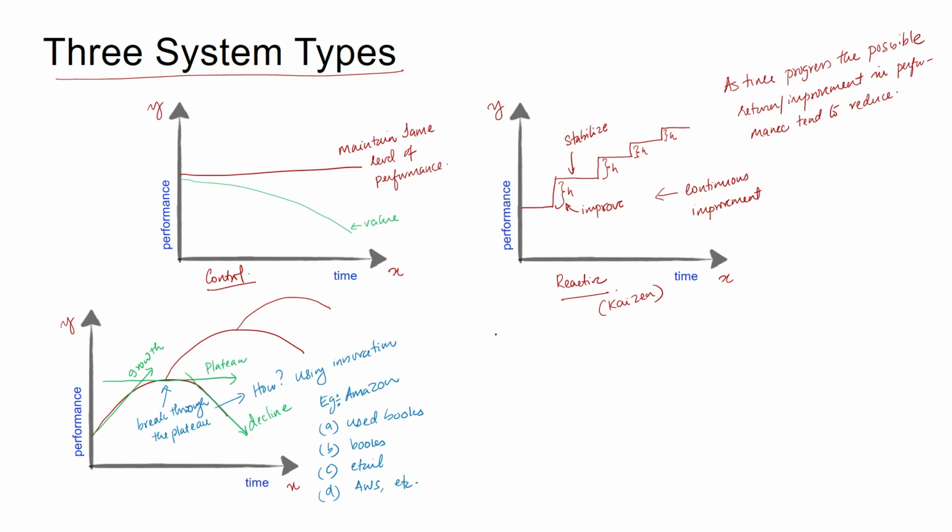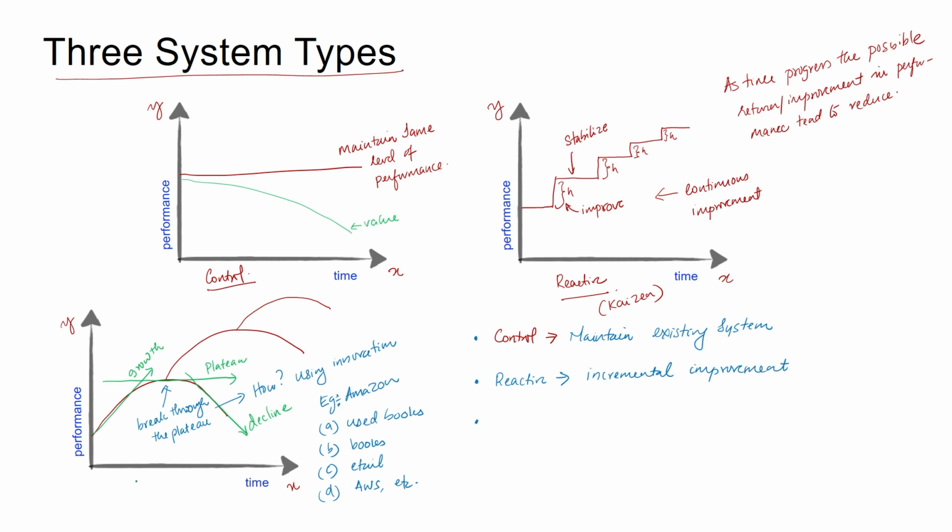As I said earlier, the control system is about maintaining the existing system. Sometimes we can also think about it as bureaucracy, bureaucratic systems. The reactive system is incremental improvement. Improve, stabilize, improve, stabilize.